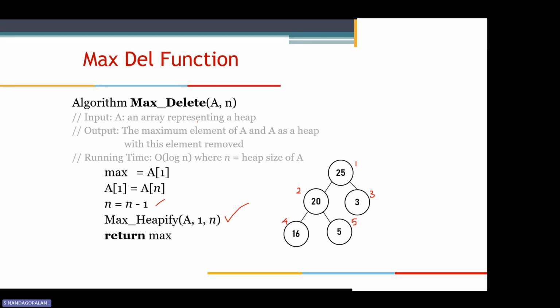During each iteration, this max delete is going to be called. It is not recursive or iterative, it's one-time work, but the problem is it's going to call max heapify, which again takes log n. So every time you have to call this, because every time the maximum is deleted, you delete the root element, which involves max heapify.